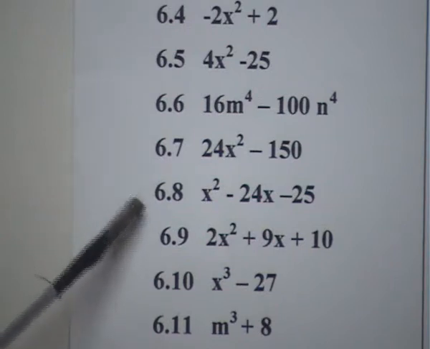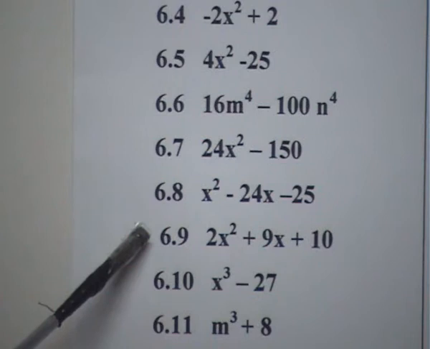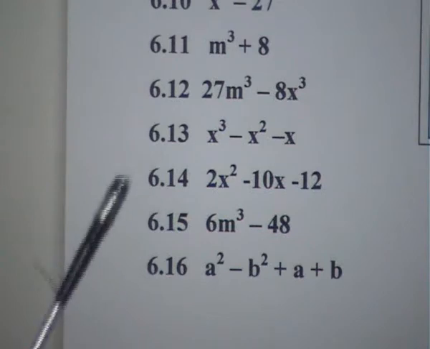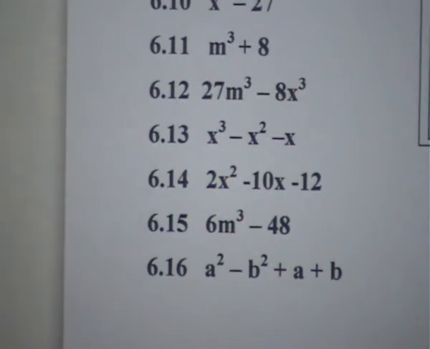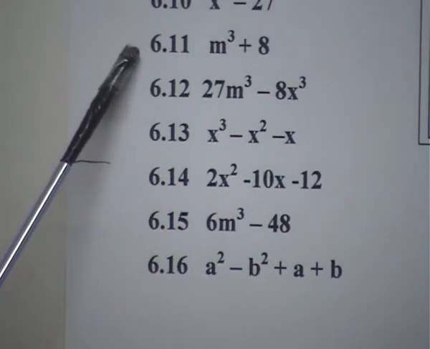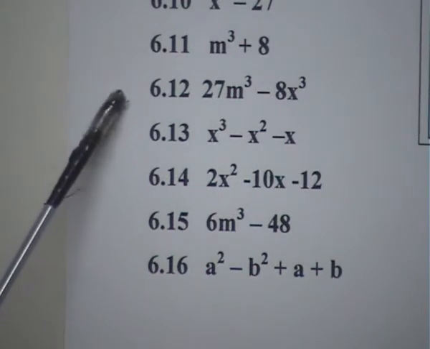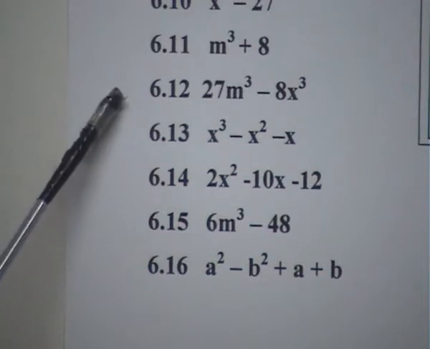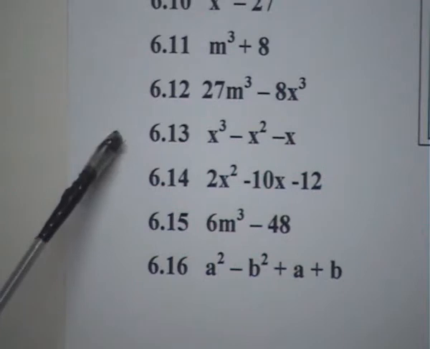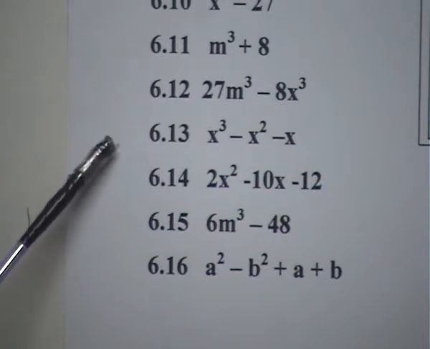6.8 and 6.9 are quadratic trinomials. 6.11 is a sum of 2 cubes. 6.12 is a difference of 2 cubes. 6.13, you must remove a common factor.